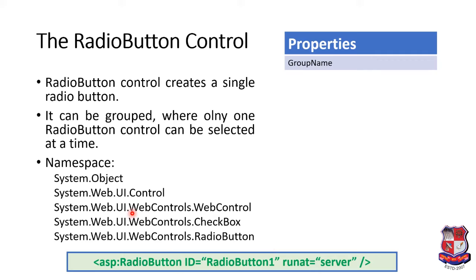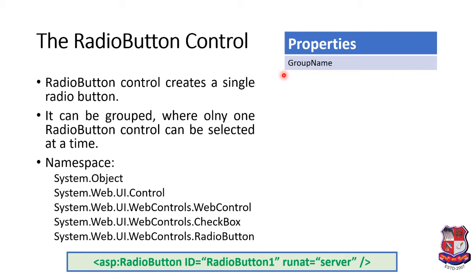Okay, so the namespace hierarchy for this radio button control is System.Object, System.Web.UI.Control, System.Web.UI.WebControls.WebControl, System.Web.UI.WebControls.CheckBox, System.Web.UI.WebControls.RadioButton. One thing we have to note over here is that the radio button control is derived from the checkbox control.